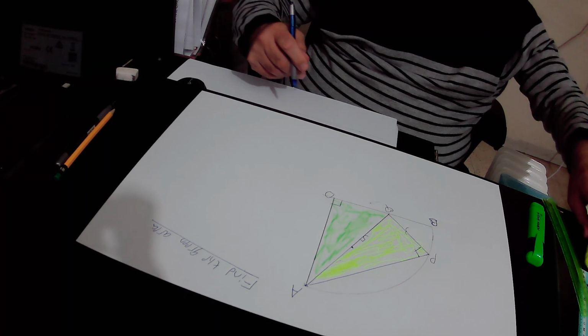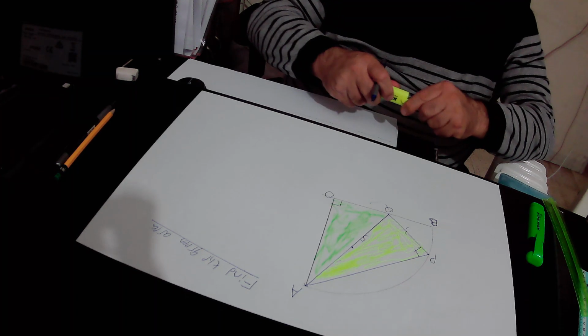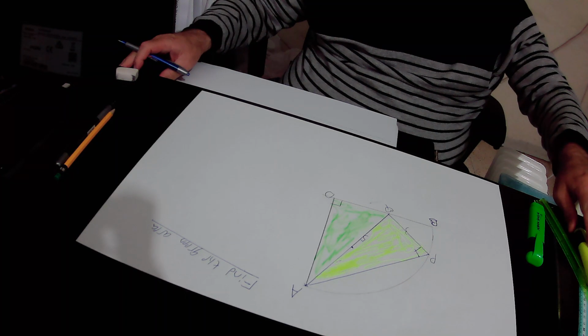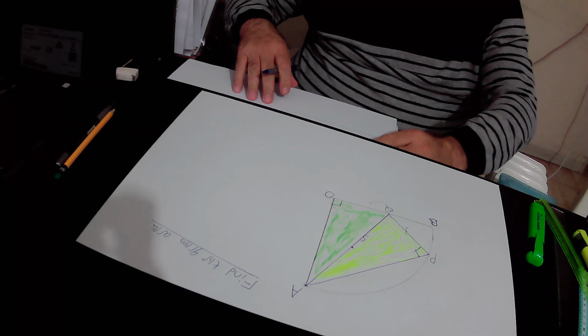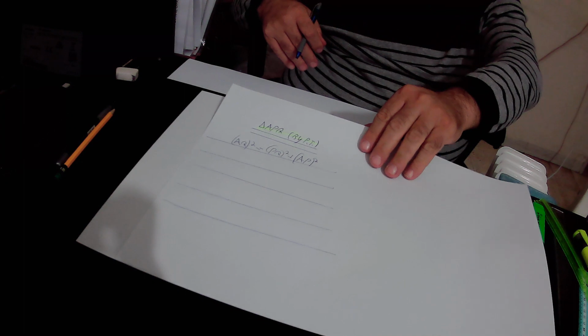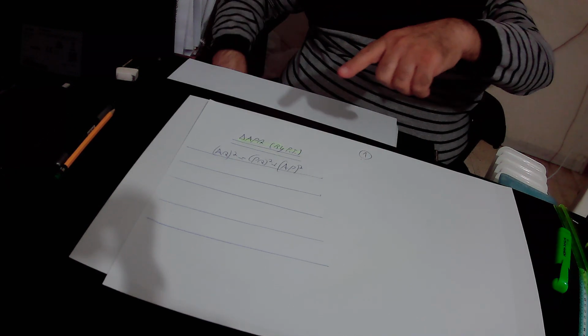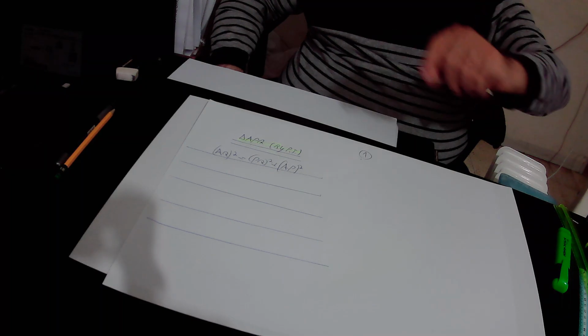Repeat again, in the right yellow triangle APQ, according to the Pythagoras theorem, AQ squared equals PQ squared plus AP squared.